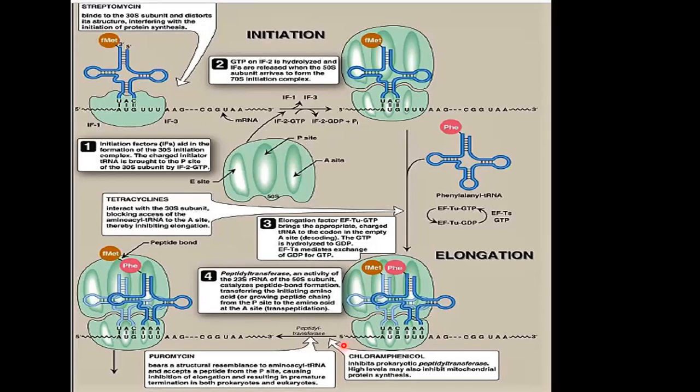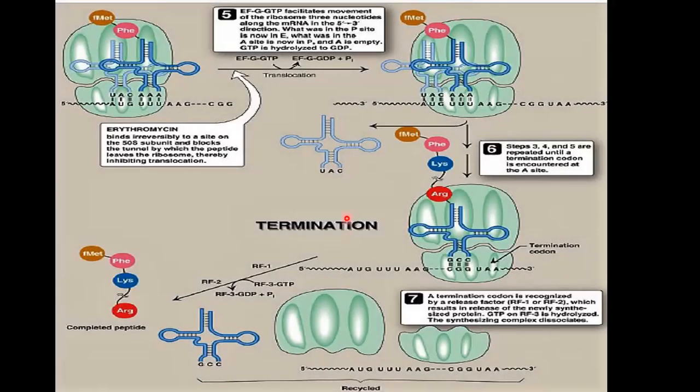Okay, then let's look at the other diagram. We have another drug known as erythromycin, which usually binds irreversibly to a site on the 50S subunit and blocks the tunnel by which the peptide leaves the ribosome, thereby inhibiting translocation.